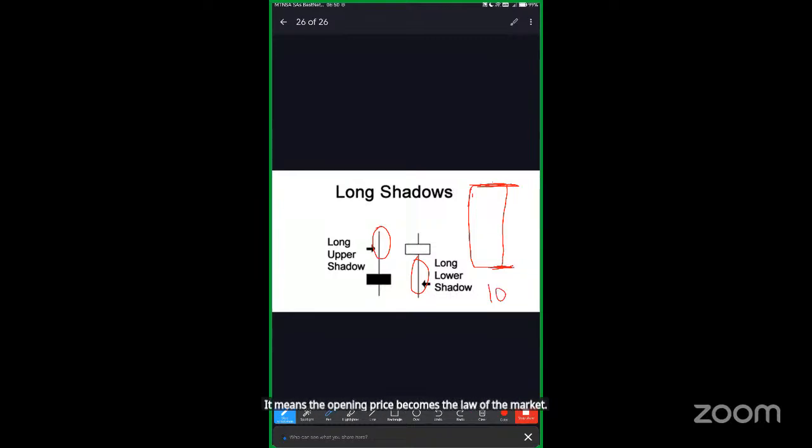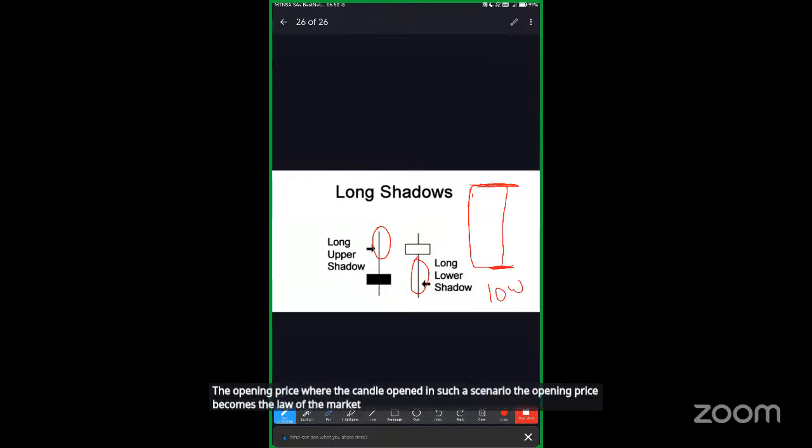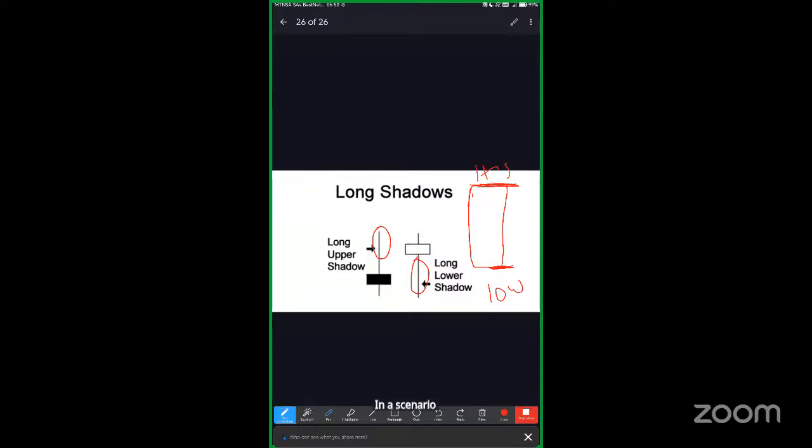Where the price closed becomes the high of the market, in a scenario where the candle does not have shadows.